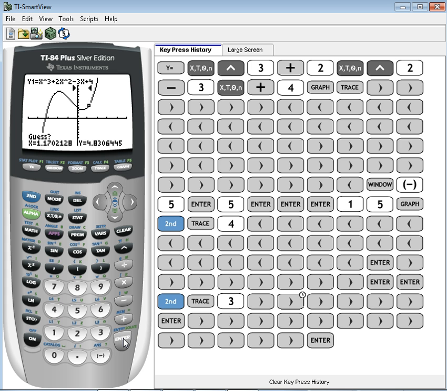Again, I'm going to let the calculator do the guessing, and so I press enter, and the minimum value, the more precise minimum value than what we saw with trace, is 3.1206 rounded to 4 decimal positions, and it occurs when x equals 0.5352 accurately represented to 4 decimal places.